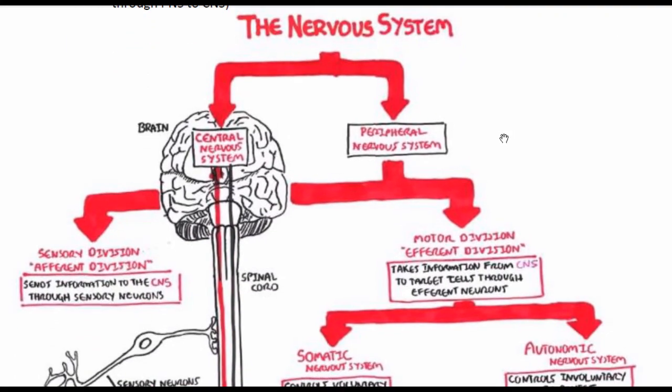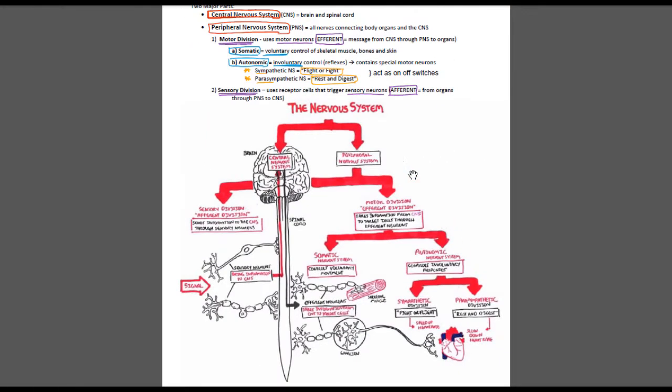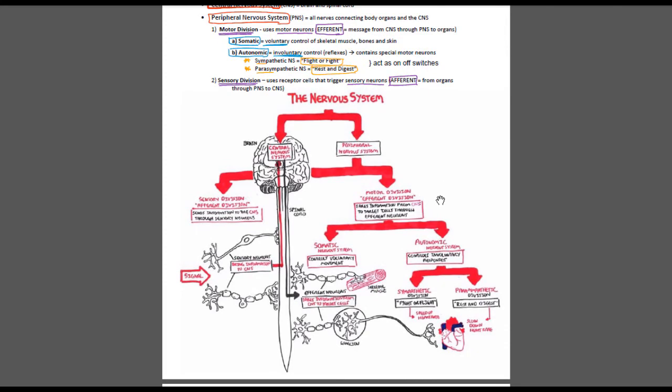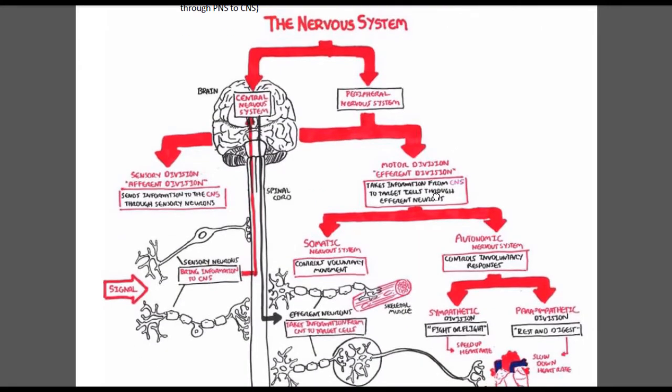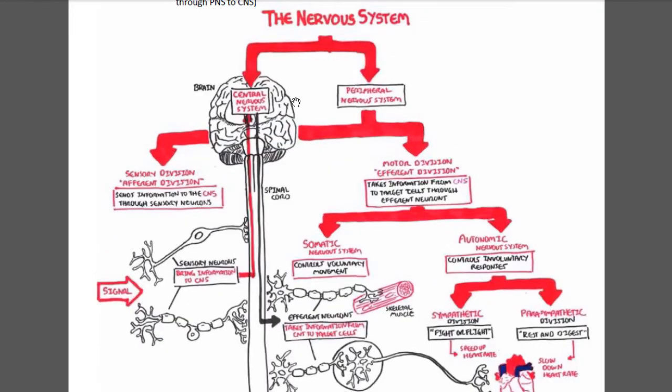And I got this diagram here off of a guy who's got a great YouTube video that I want to show you shortly. So again, we see the nervous system is divided into the central nervous system, where you have your brain and spinal cord, and then the peripheral nervous system, which is everything coming off of the spinal cord or going towards the spinal cord.